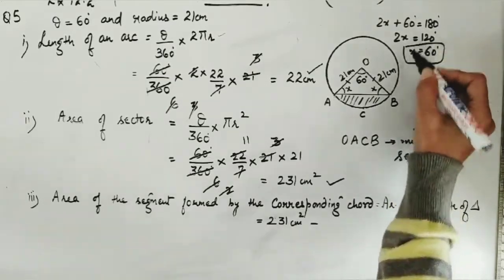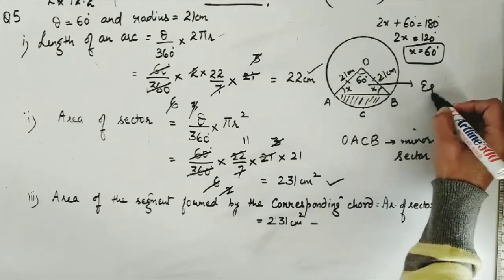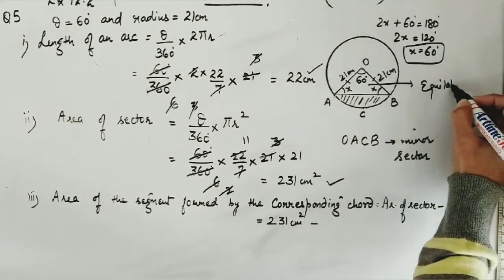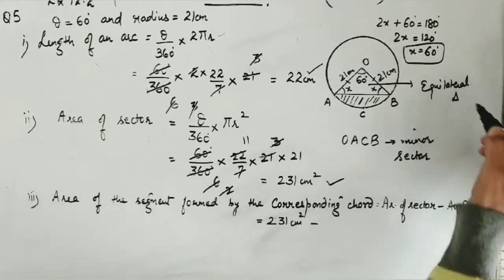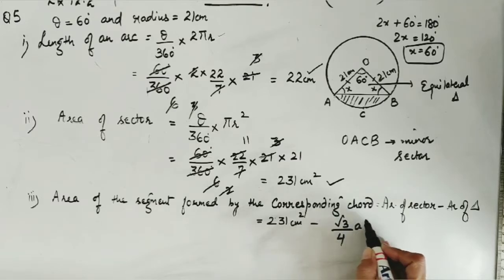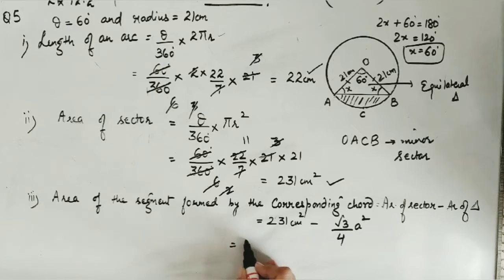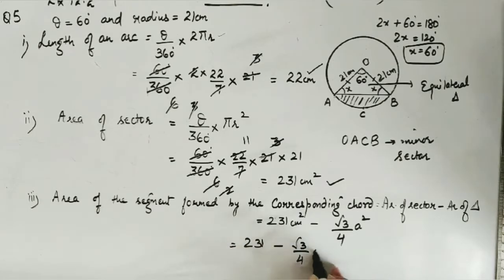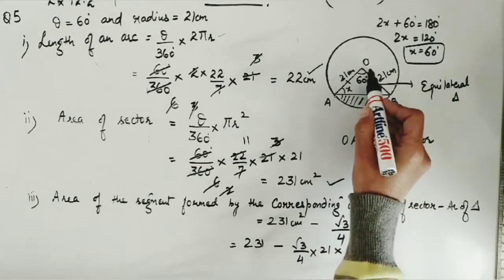This implies this is an equilateral triangle. And how do we find area of equilateral triangle? That is root 3 by 4 a square, side square. Substitute the values. This is 231 minus root 3 by 4, 21 into 21, because side over here is 21.